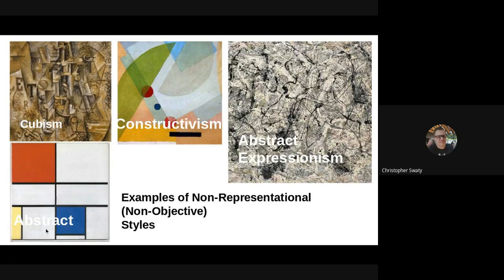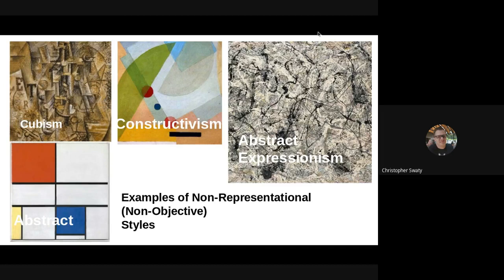Abstract art doesn't have to be non-representational or non-objective, but it also can be. So here's an example of cubism where you can see that they're still playing around with the shading and the shapes. You could probably try to guess what that was a picture of if we wanted to, but it's not like super clear. There's constructivism, which is kind of breaking down some of these shapes.